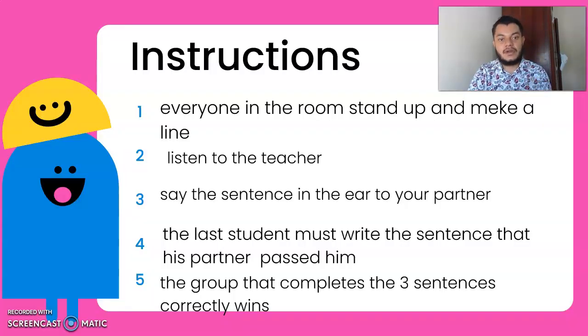So the instructions are: everyone in the room stands up and makes a line, listens to the teacher and says the sentence in the ear to your partner, because the other students don't have to hear the sentence the first time. The last student must write the sentence that his partner passed him.